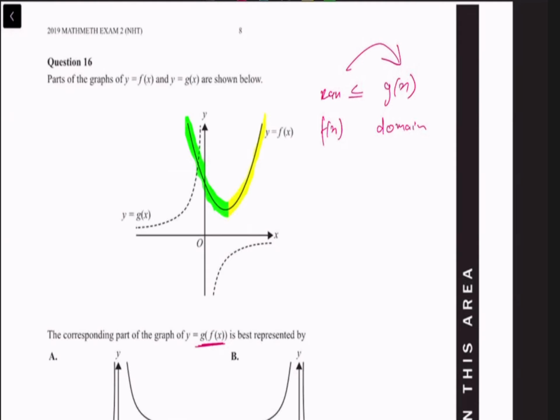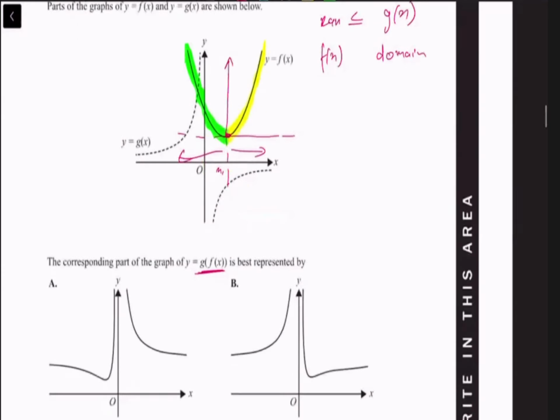So you can see for fx, the range of fx is from here to here. And like, for x, say I'll call this x1. So for x1 to infinity, you have the same values as x1 to negative infinity.